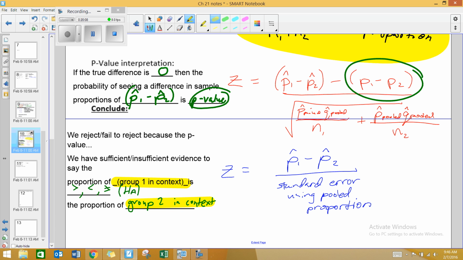And so that's the comparison there. We're saying we don't believe the difference is actually 0. We believe it's greater than or less than or different than.